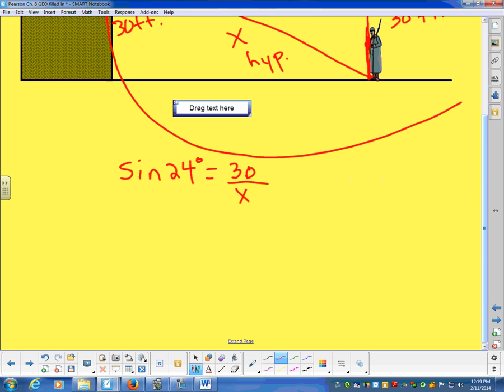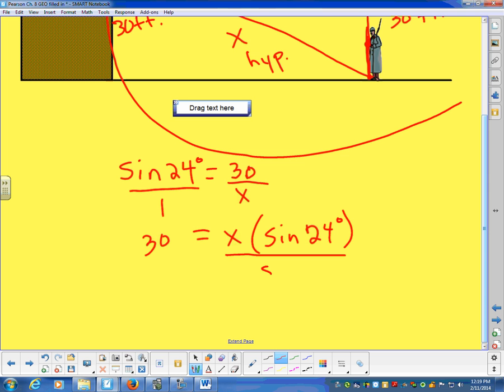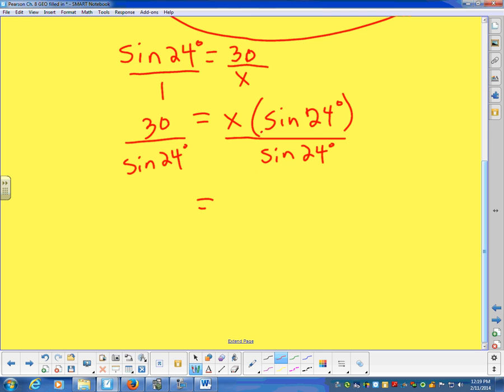So 30 equals x times sine of 24 degrees. Then we have a little bit of algebra to do to solve for x. I divide each side by sine of 24 degrees, and these cancel out, leaving me with x equals 30 divided by sine of 24 degrees.